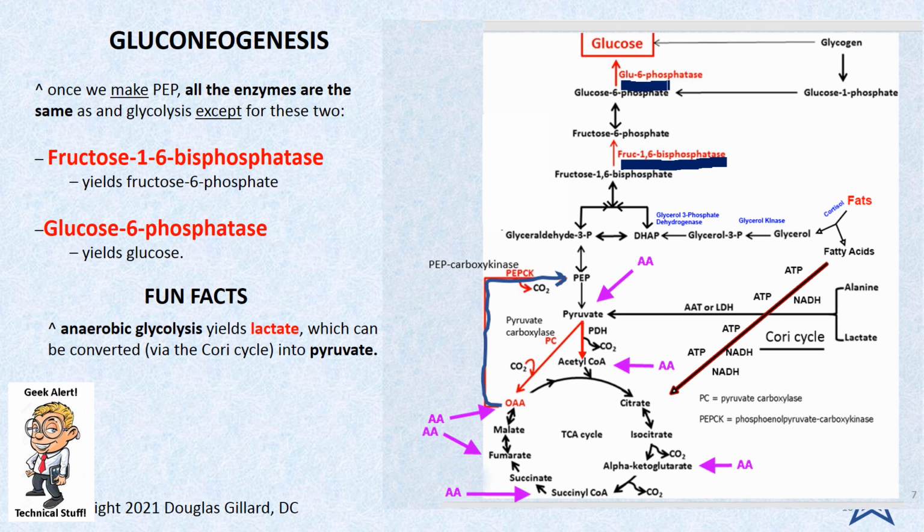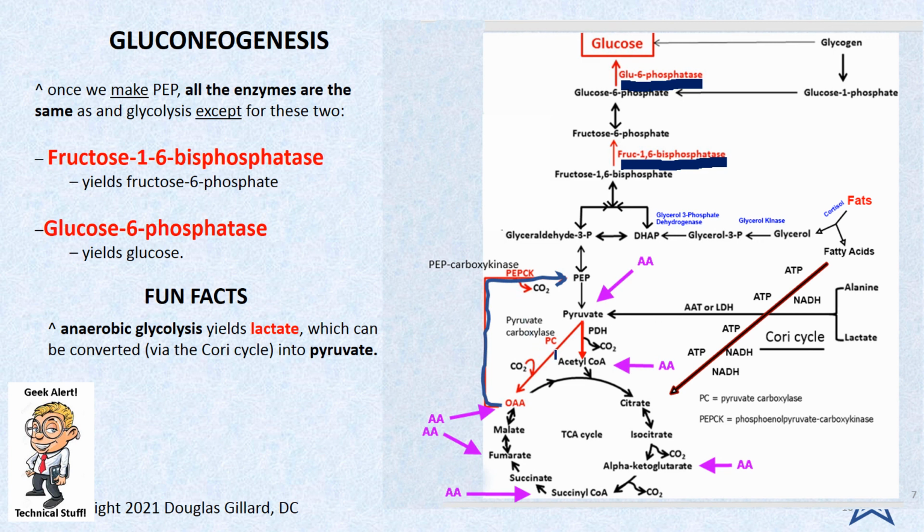So you should be able to know these and pick these enzymes out and know that they're not part of the glycolysis pathway. They're part of gluconeogenesis. They're not two-way enzymes. You should know that about them as well. Right? Other enzymes I didn't mention here, but these two enzymes are also part of the gluconeogenic pathway.